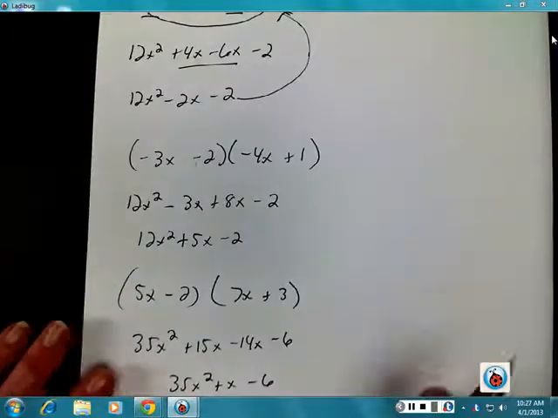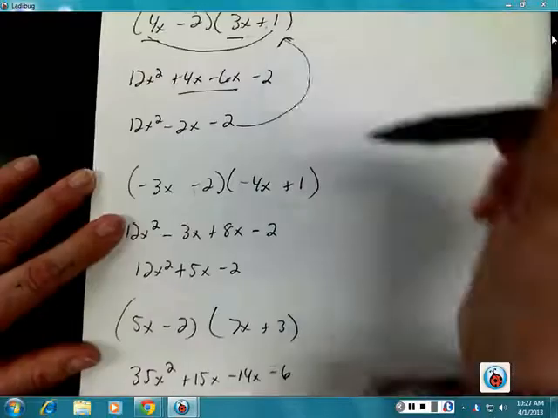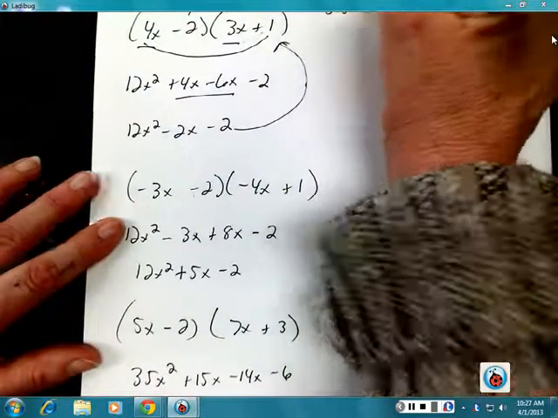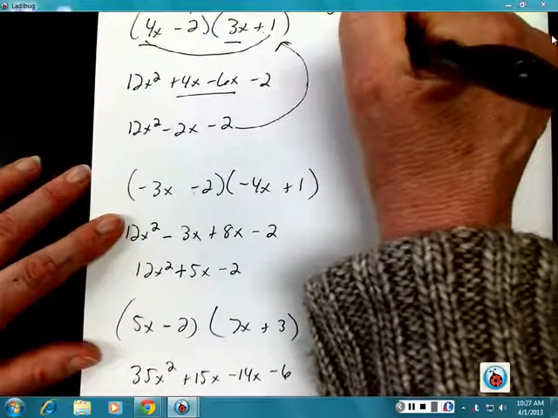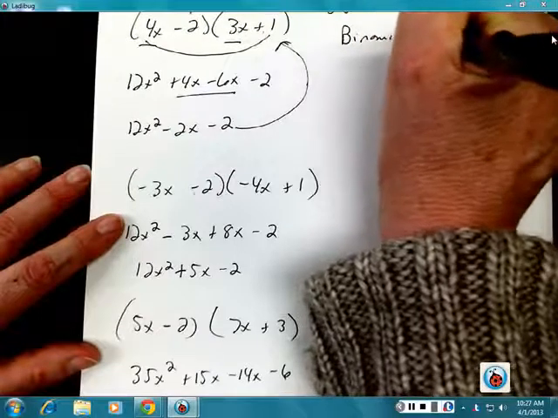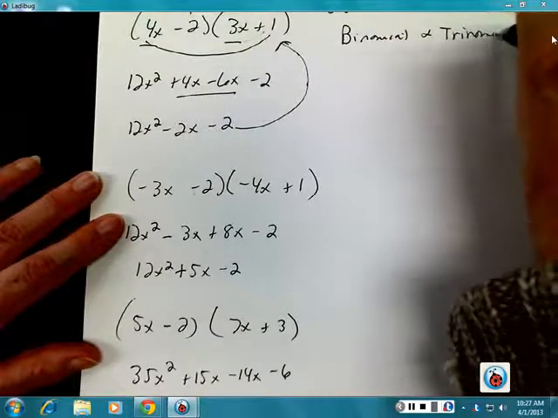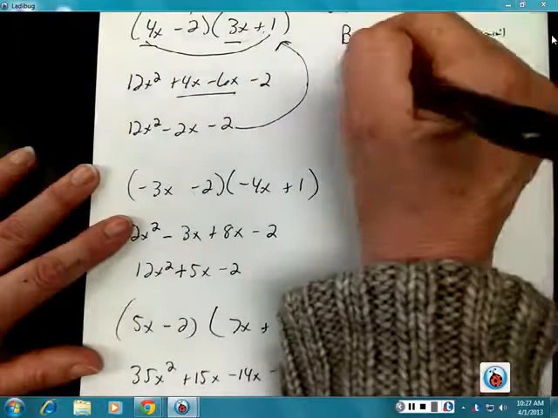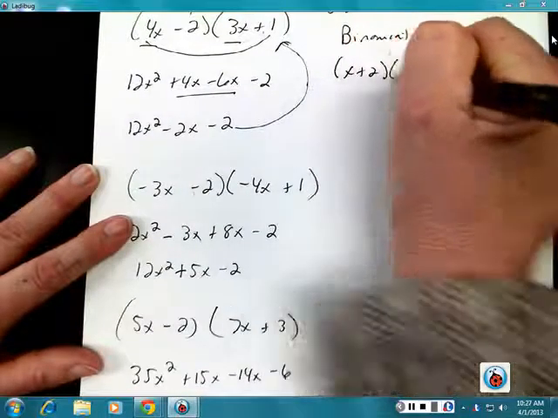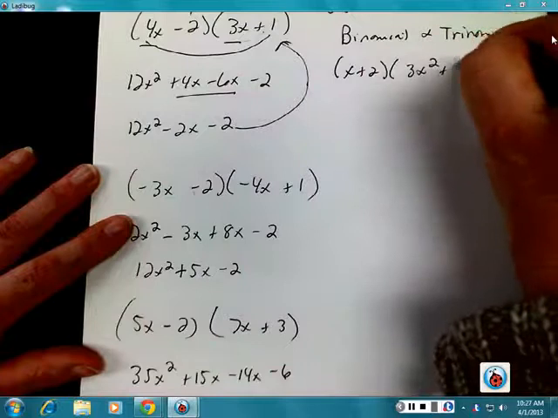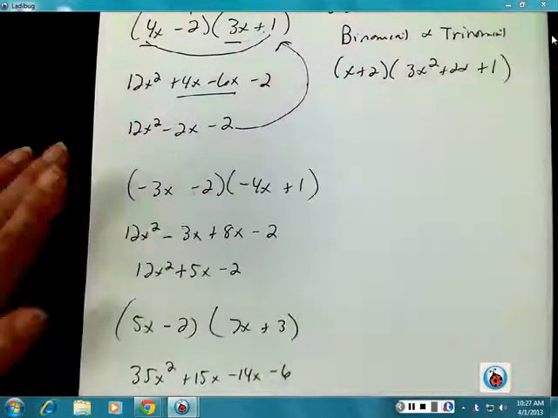Okay. The last thing that they put in 5.5 is a binomial times a trinomial. So that might look like x plus 2 times 3x squared plus 2x plus 1.